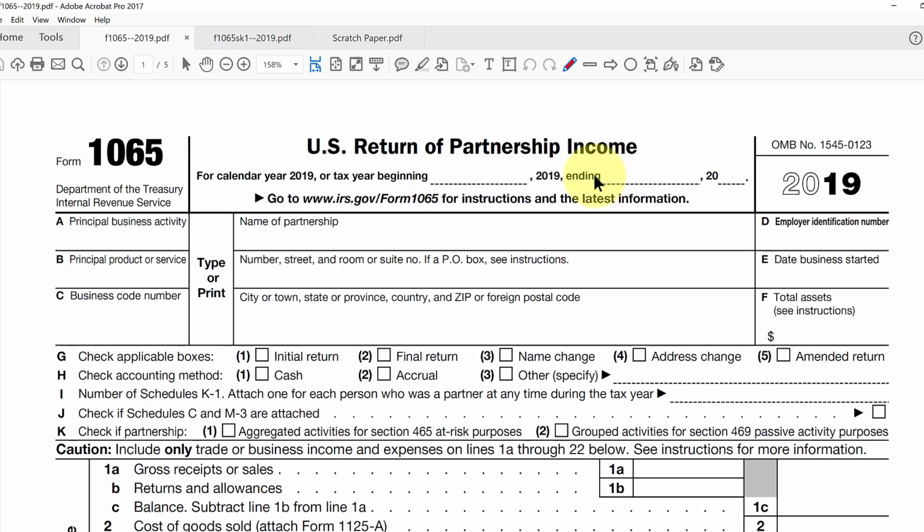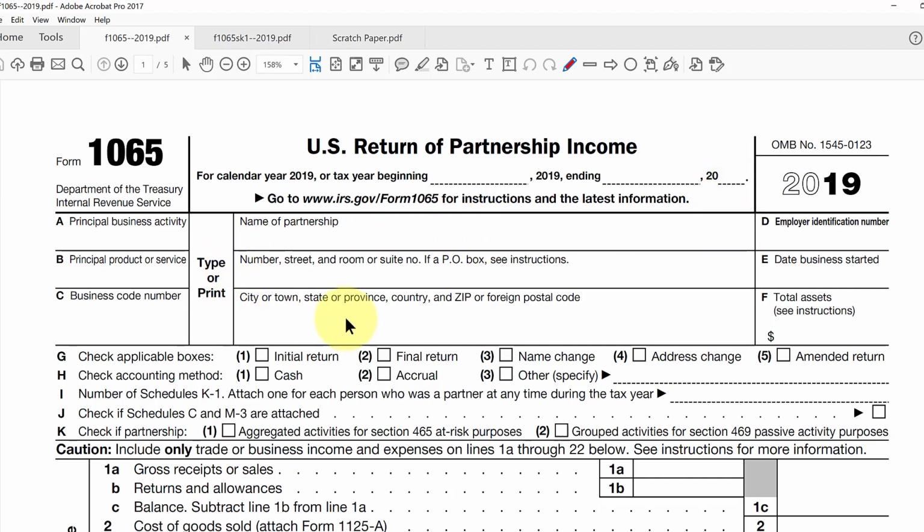Now, if you have corporate partners that have fiscal years and they're the majority owner, you probably would fill in the fiscal year here matching that majority partner's year end. And if their year begins in 2019, you use the 2019 form, even though their year end would probably be in 2020 for a fiscal year partner and partnership.